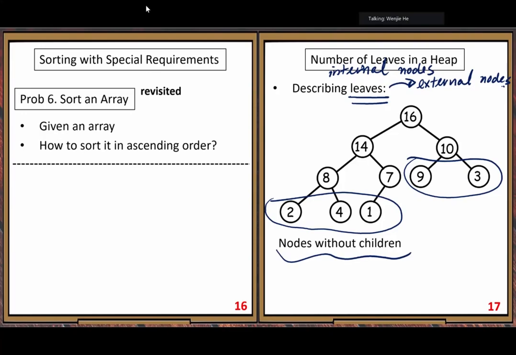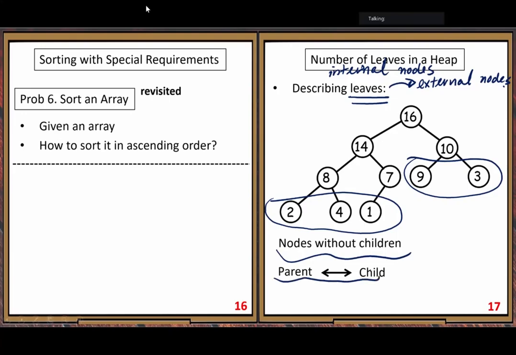Now we need to find some inequality to describe all the leaf nodes based on their indices. What inequalities should we use to represent all the leaves in the heap? We need to examine the parent-child relationship.